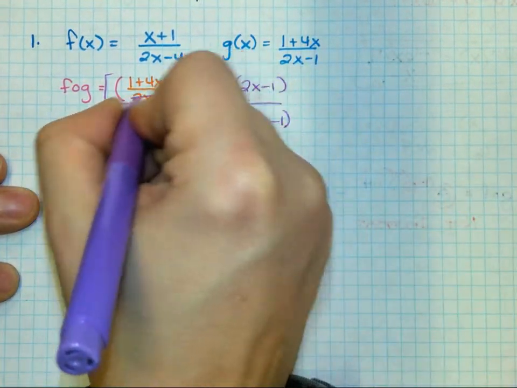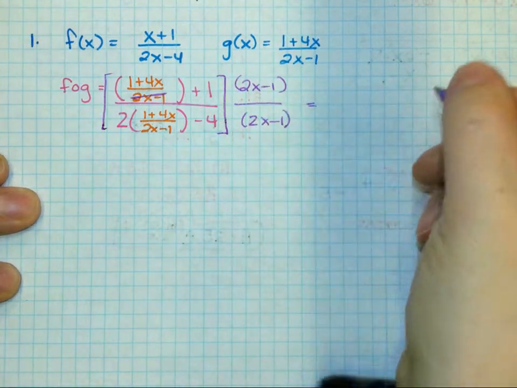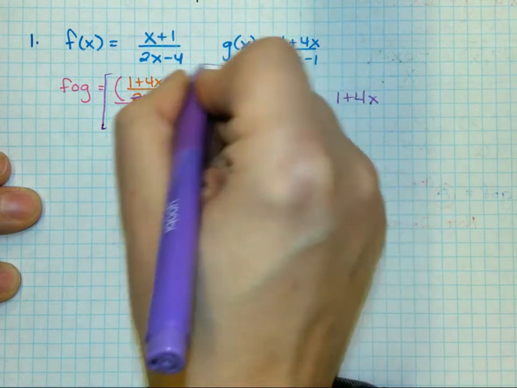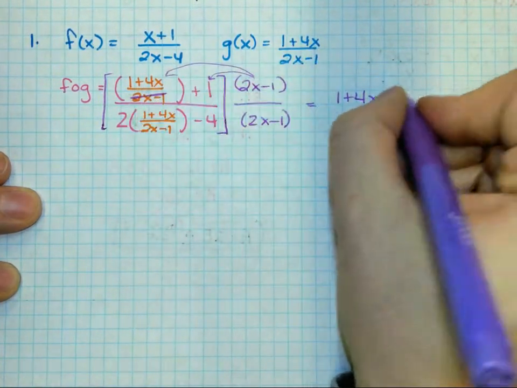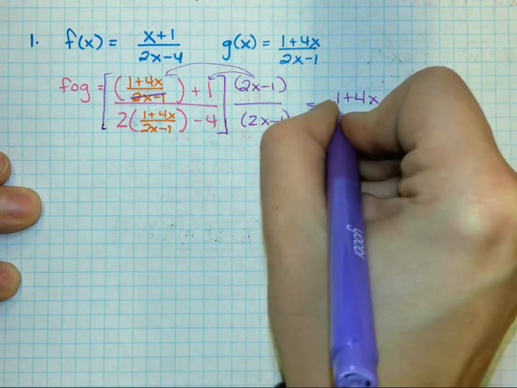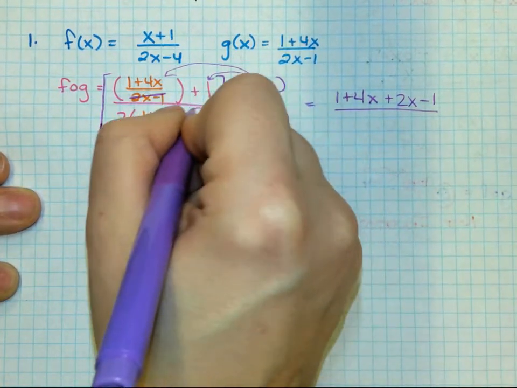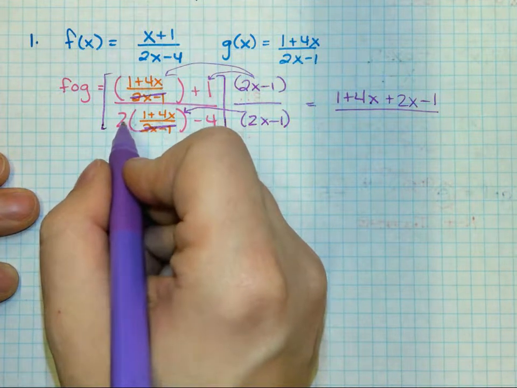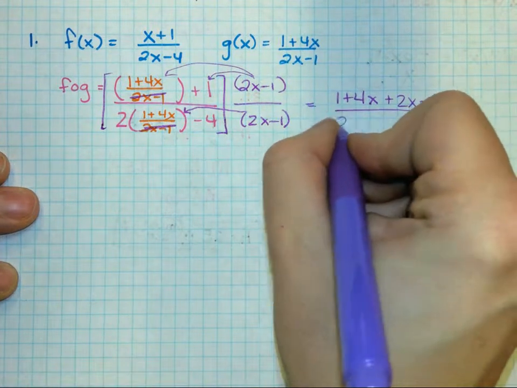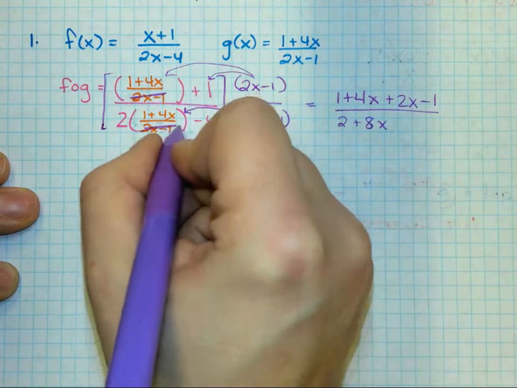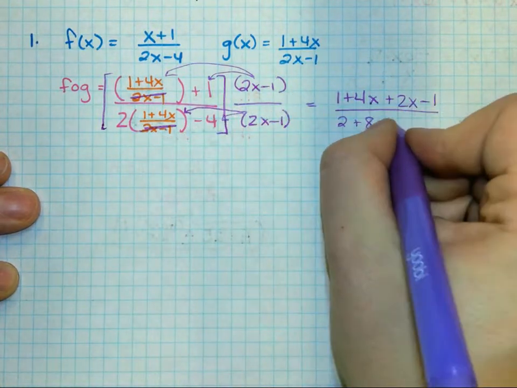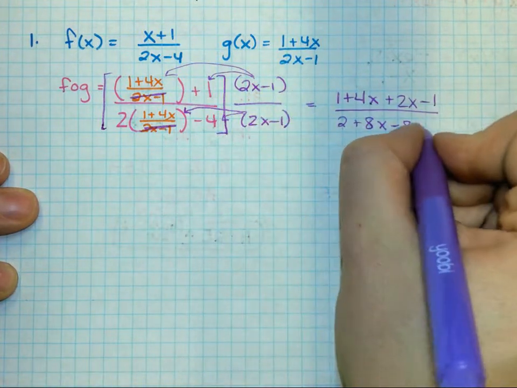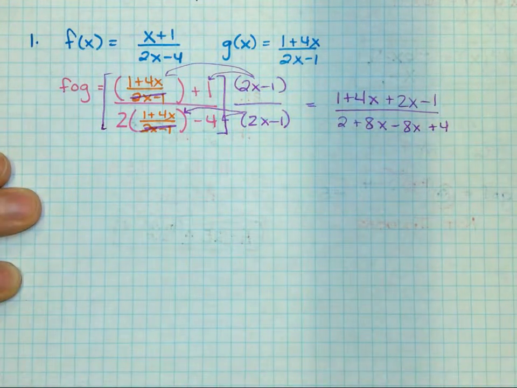When I do that, this is going to cancel out, and I will have 1 plus 4x. So we did that one. Now I do this one, plus 2x minus 1. Now when I go here, this is going to cancel out, but I still have the 2 in front. So when I distribute the 2, I will have 2 plus 8x, and now I'm going to distribute to this, minus 8x plus 4.